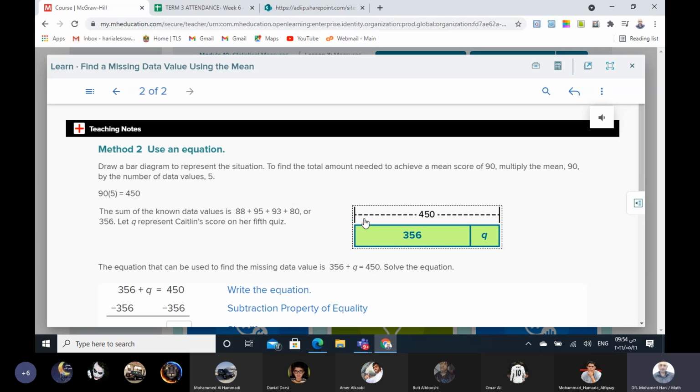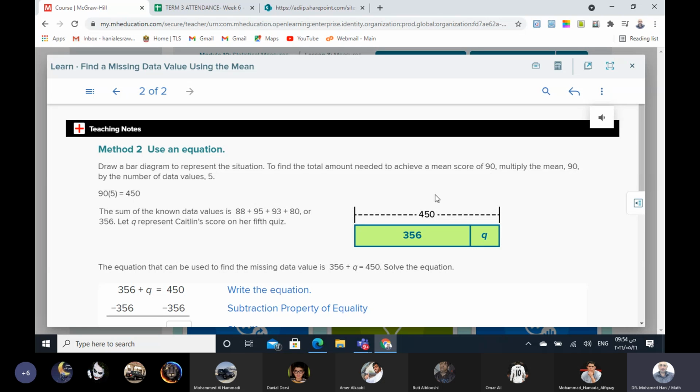Listen here. 90 times 5. Why times 5? Because we have 5 numbers in this data, and the mean will be 90. 90 times 5 will be 450.